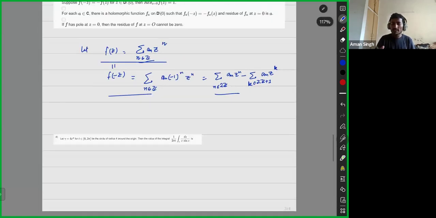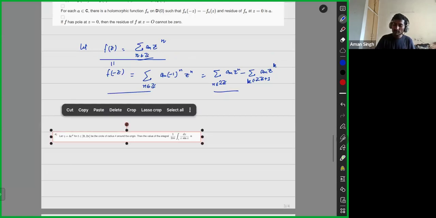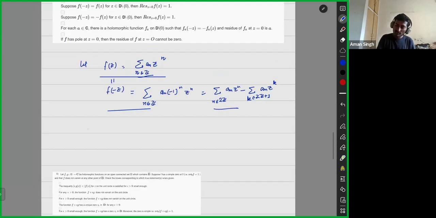What remains is 0. So from here, the summation of a_k z^k over odd k is 0.